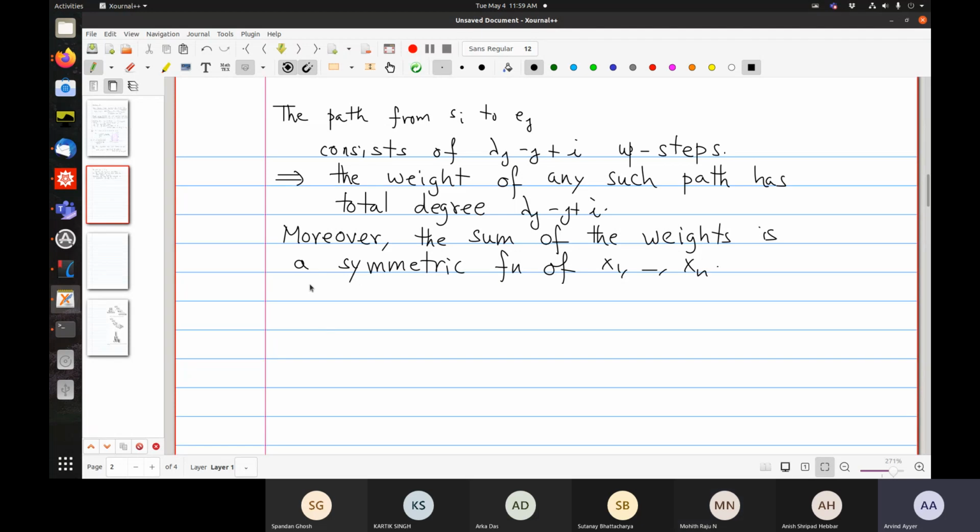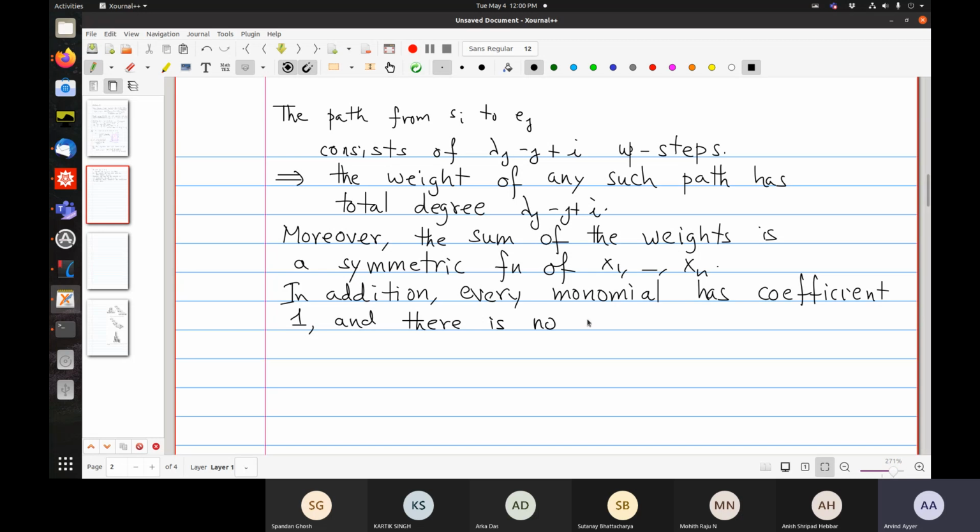So in addition, every monomial has coefficient 1, I mean valid monomial, of course, and there is no restriction on the kinds of monomials.